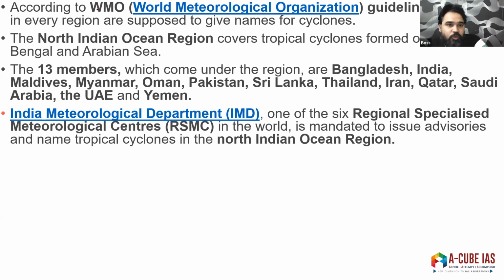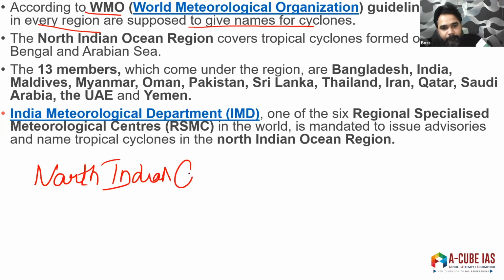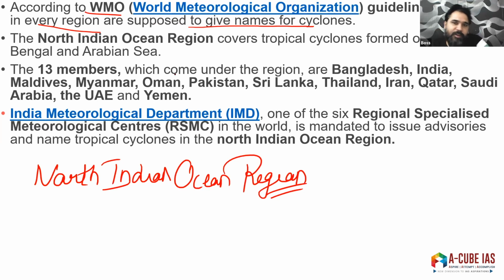According to the WMO, the World Meteorological Organization guidelines, countries in every region are supposed to give names for cyclones. The region in which India falls is the North Indian Ocean region. This region covers all the tropical cyclones formed in the Bay of Bengal and the Arabian Sea region.